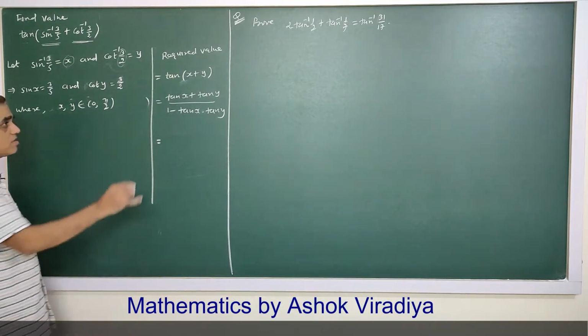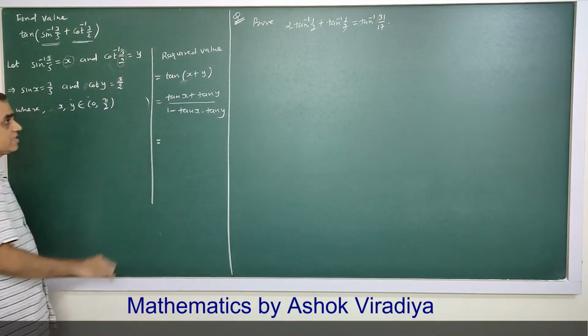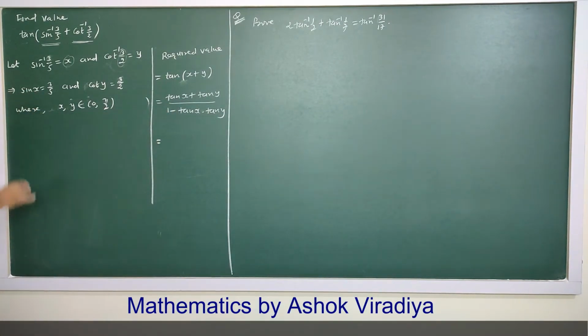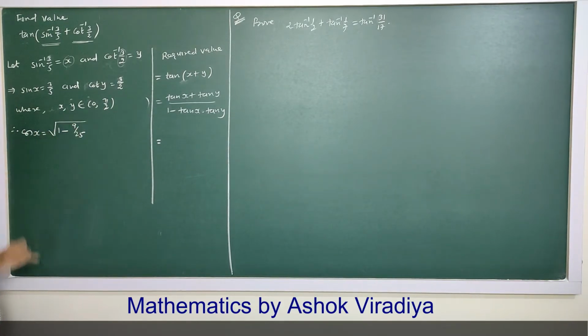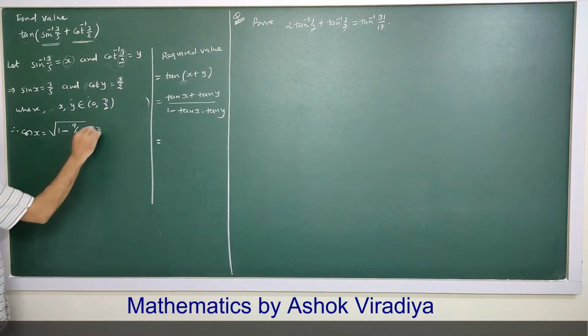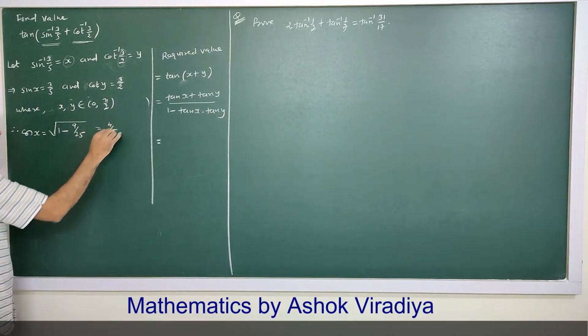Now we want tan x, and here it is sin x. So from sin x, cos x can be found. Cos x is the square root of 1 minus sin square x, that is 9 by 25. So this is 25 minus 9, 16 by 25, so 4 by 5.